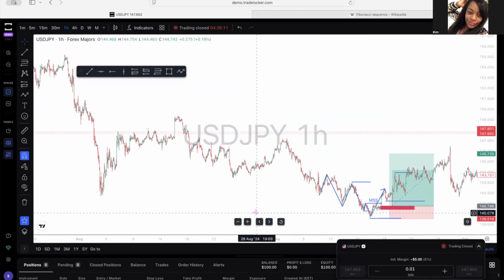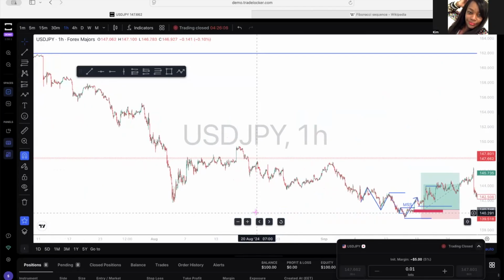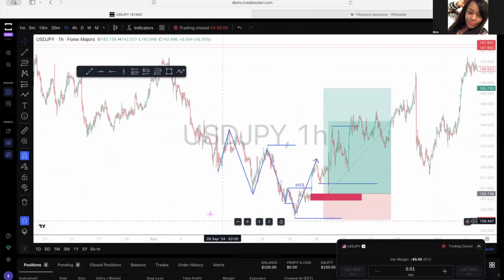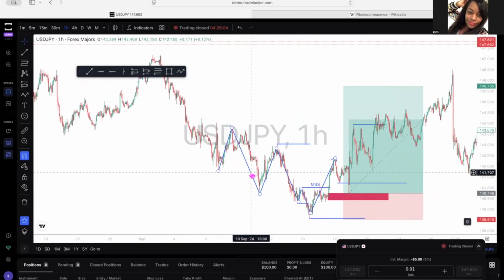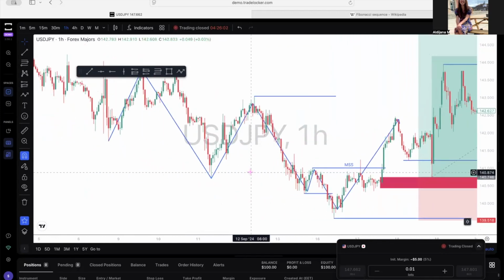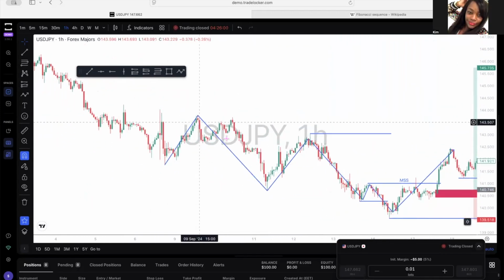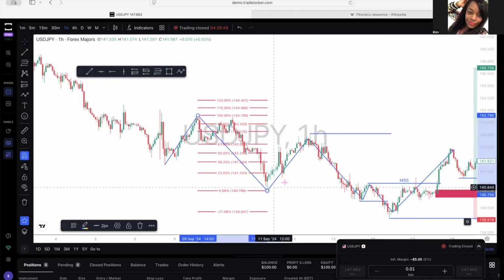So for instance, this right here, okay? This was your structure here, right? If I fib from this high to this low, price pulled back into a premium area, right?